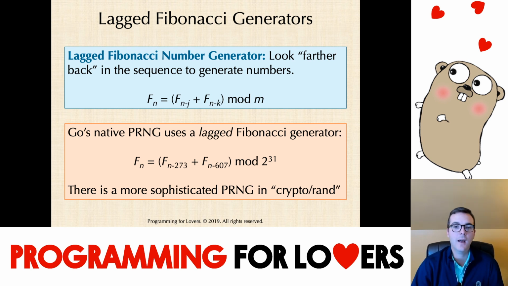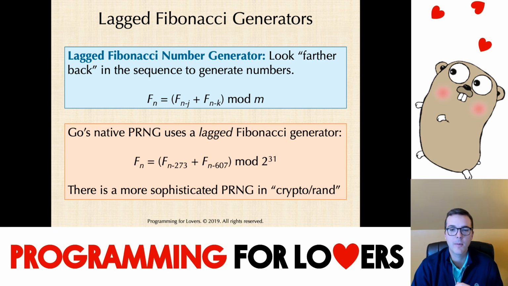And I dislike in general pointing to any specific language when I do these theory-type lectures, but I would at least mention that the built-in pseudorandom number generator that a language like Go uses is a lagged Fibonacci generator with j equal to 273 and k equal to 607. So when it's generating a number, it looks back 273 spots and 607 spots, adds those two numbers together, and then takes the remainder when we divide by 2 to the 31.